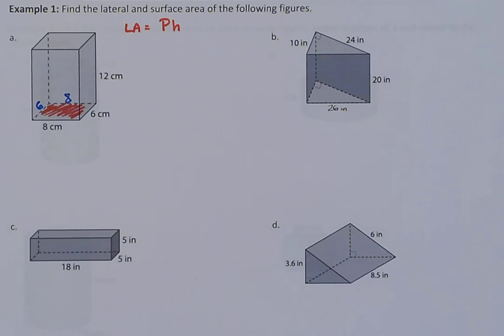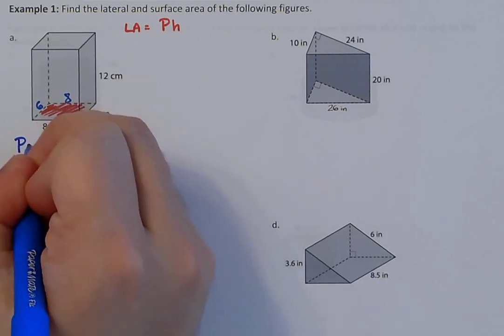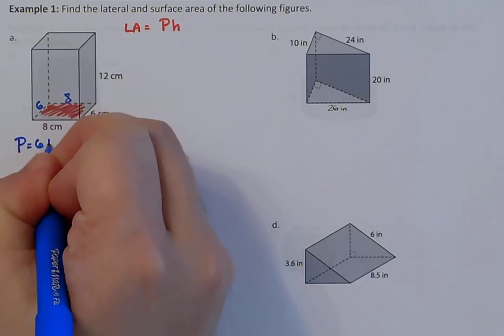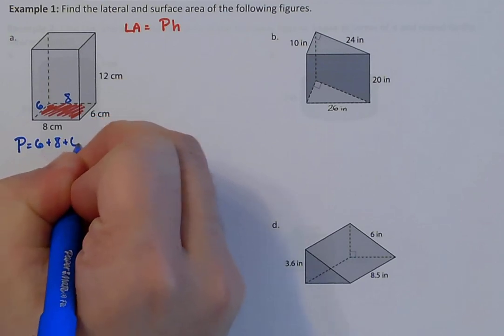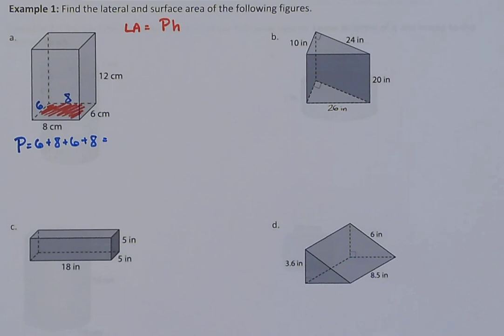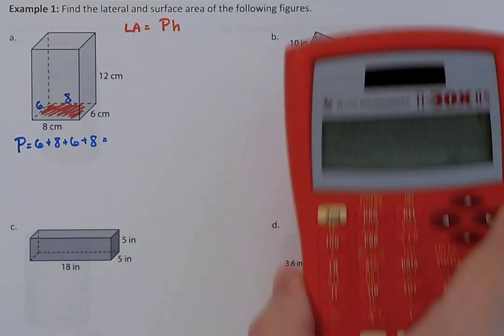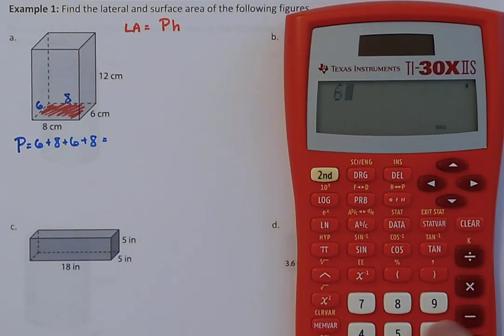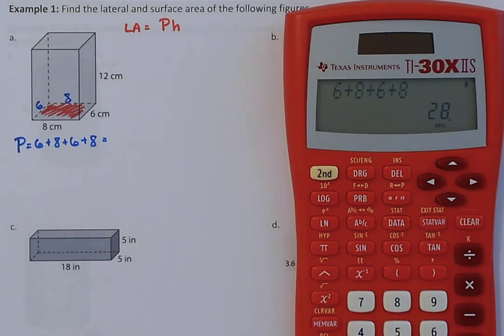So, to figure out the perimeter, we have to go through and add all 4 sides together to tell us what the perimeter of that base is. So we're going to do 6 plus 8 plus 6 plus 8. We add all 4 sides, and we get a perimeter of 28.